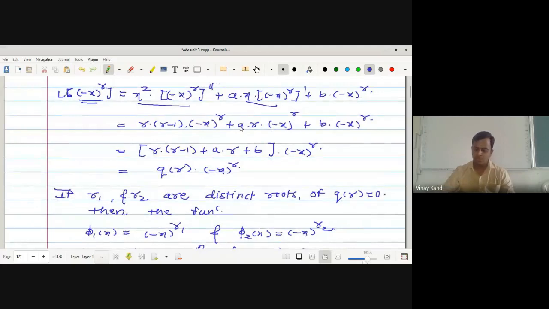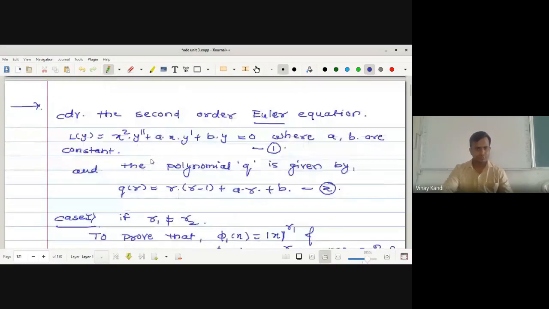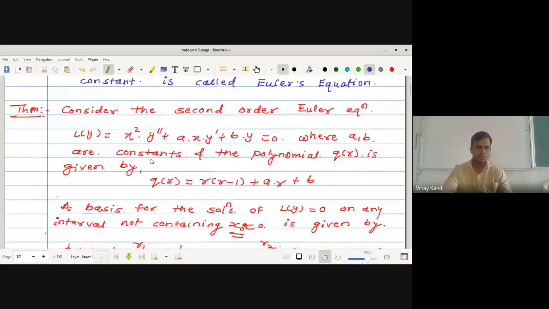The second part we will do later, it is also very long. Okay, if two roots are the same, look here. Consider the second order Euler's equation, L of y is equal to x square into y double dash plus a into x into y dash plus b into y is equal to 0, where a and b are constants, and the characteristic polynomial is given by q of r is equal to r into r minus 1 plus a into r plus b.